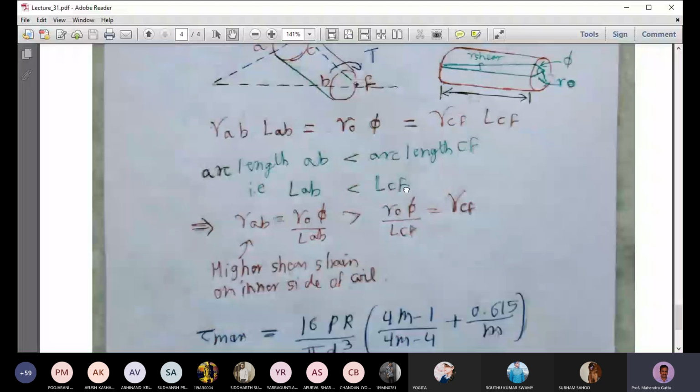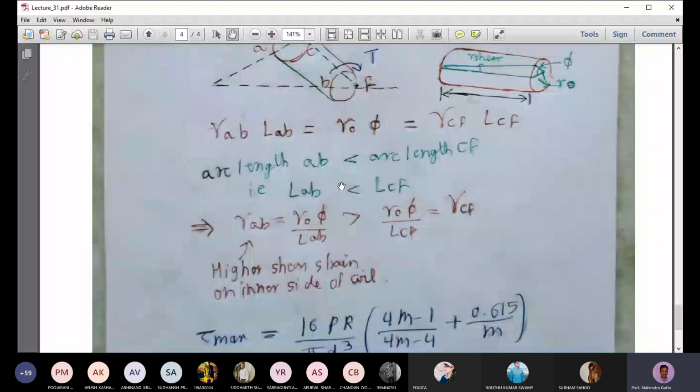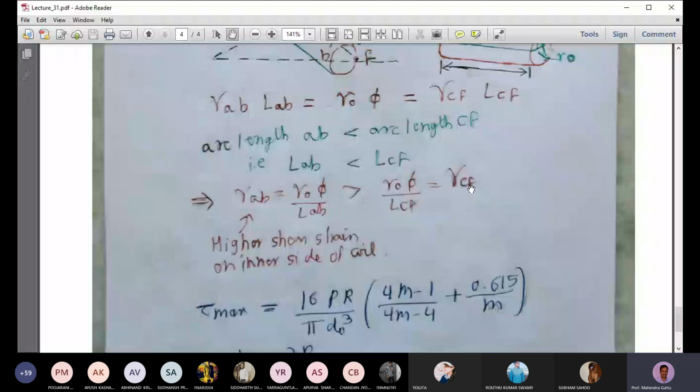Gamma AB is R0 phi by LAB, and gamma CF is R0 phi by LCF. Since LAB is less than LCF, R0 phi by LAB will be greater than R0 phi by LCF. That means the shear strain gamma AB is greater than shear strain gamma CF.